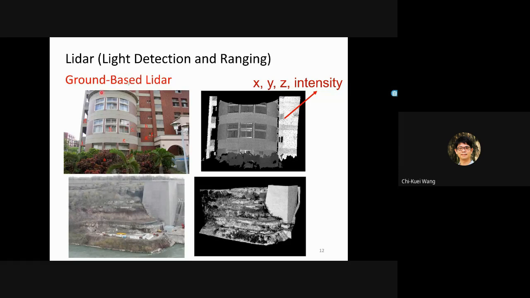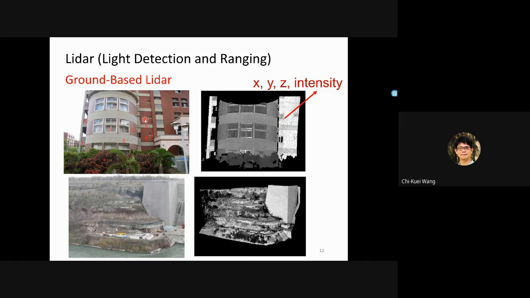So this is a photo of a building on our campus. You see there are different materials, so they show up with different intensity values. The white color means it's brighter, and it means the reflectance is higher.